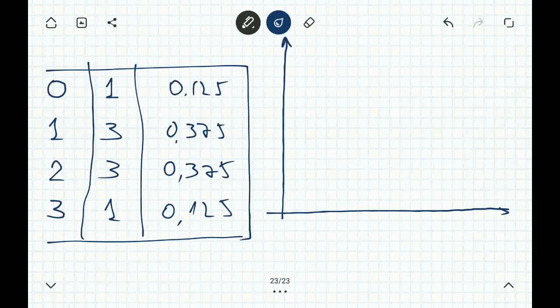So 0, 1, 2, and 3. Let this be 1/8, and this one 3/8.